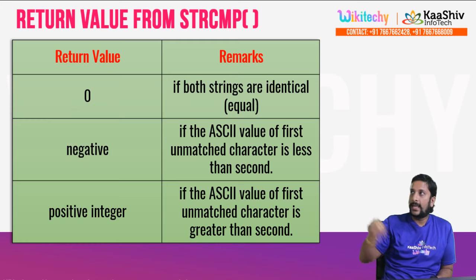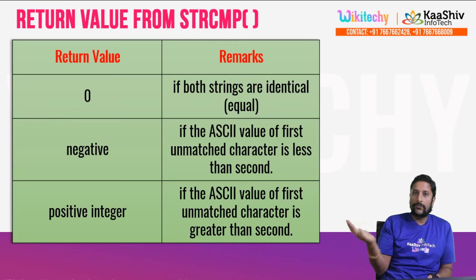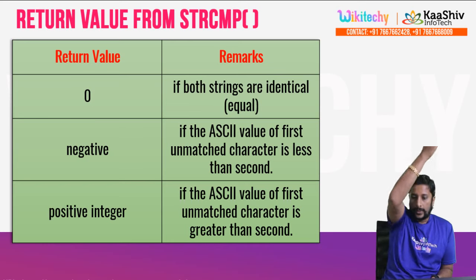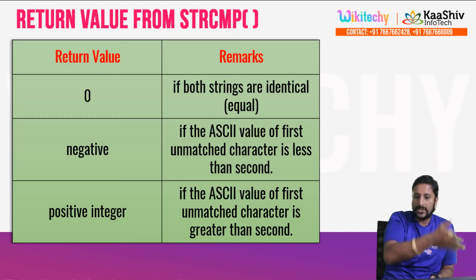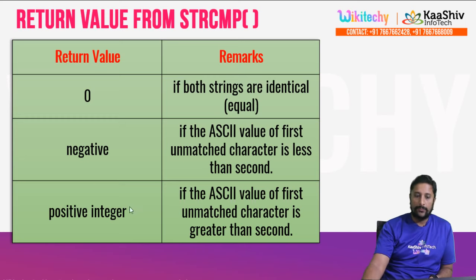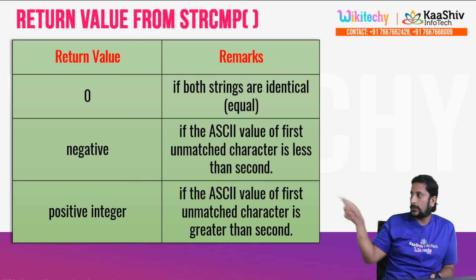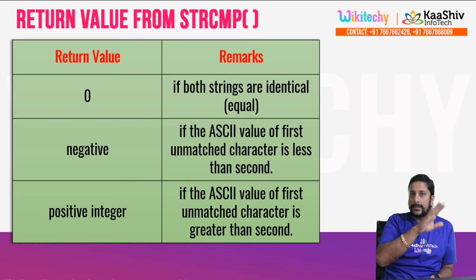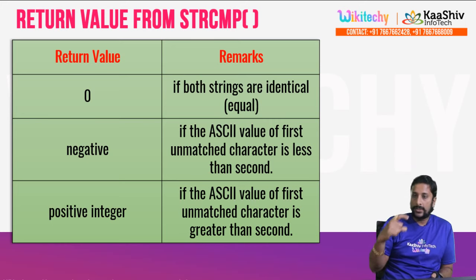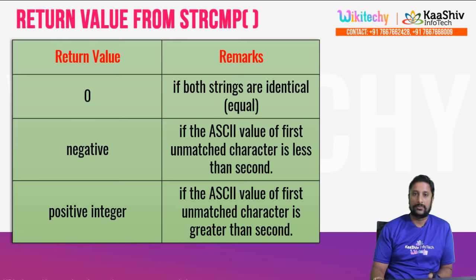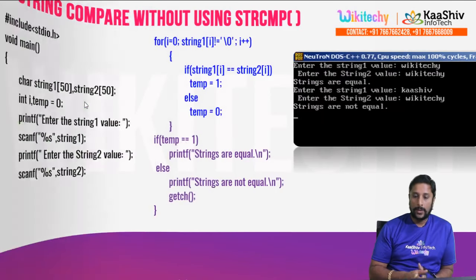Considering A is there and V is there, A is lesser than V because in the alphabet A comes before V. So if the ASCII value of the first unmatched character is less than the second, it becomes negative. It is positive if the first character is V and the second is A. In that case, string 1 has V and string 2 has A, so it returns a positive integer, showing that the two strings are not the same and are different. If it returns 0, then the strings are identical.